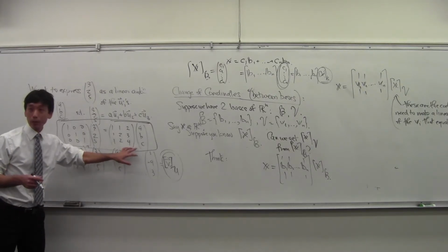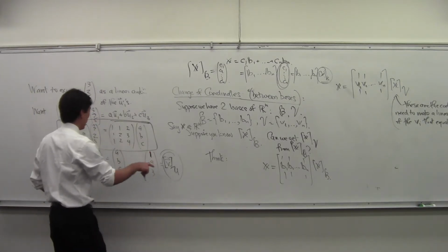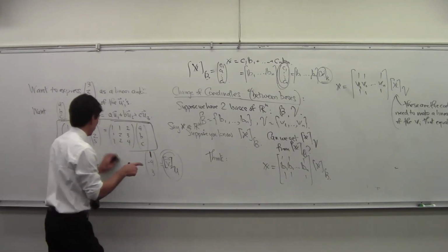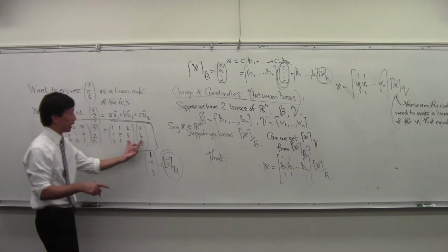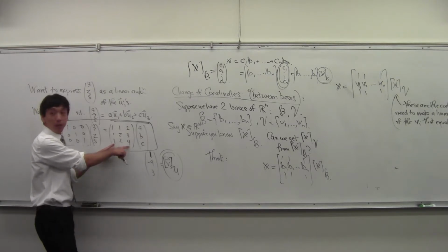What we were doing back here, remember, was figuring out how to get 325 as a linear combination of these columns.